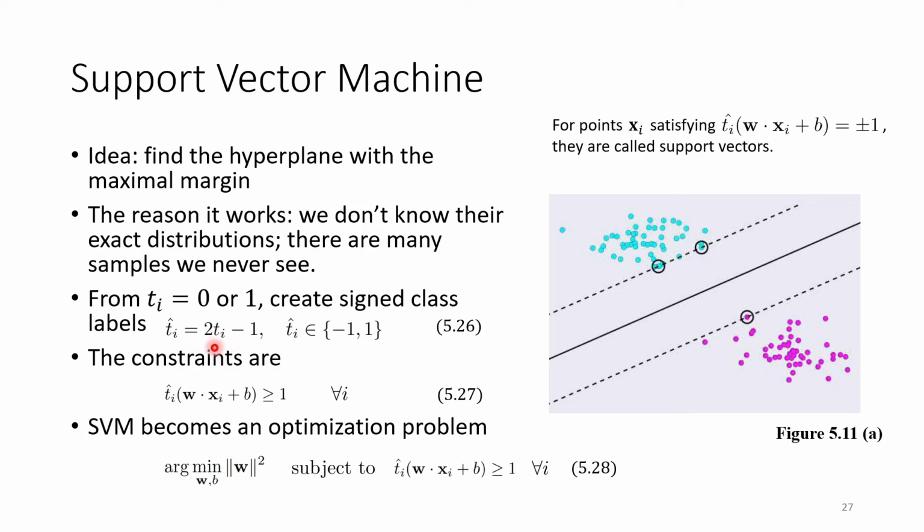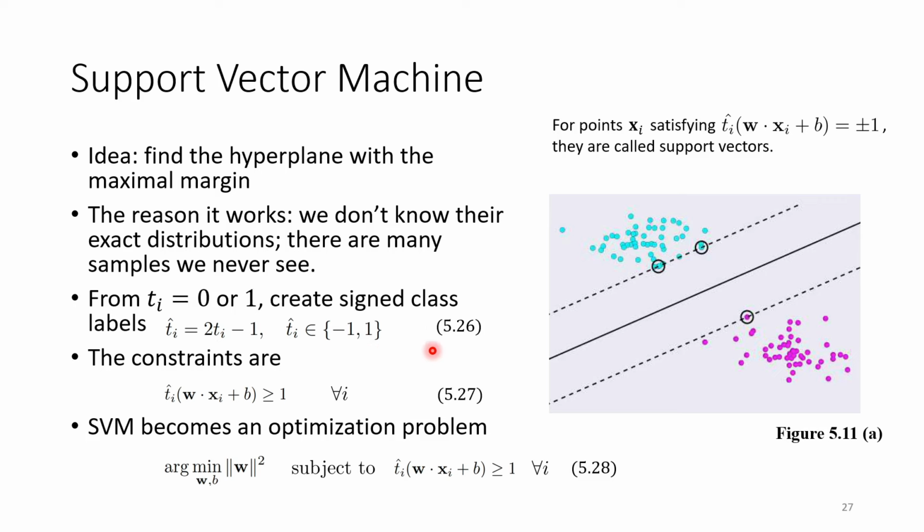It means 2 times the original label minus 1. So if the original label is 0, it will become negative 1, and if the original label is 1, it will still be 1.